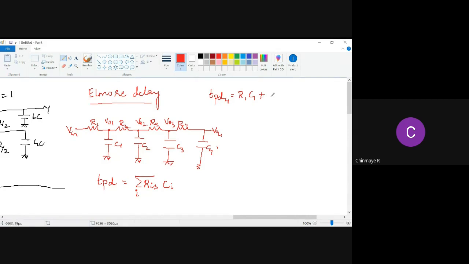Okay, the shared resistance for C2 is R1 plus R2 into C2, plus the shared resistance for C3 is R1 plus R2 plus R3 into C3, plus shared resistance for C4 is R1 plus R2 plus R3 plus R4 into C4.